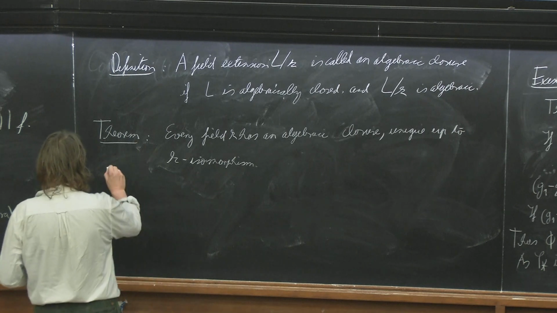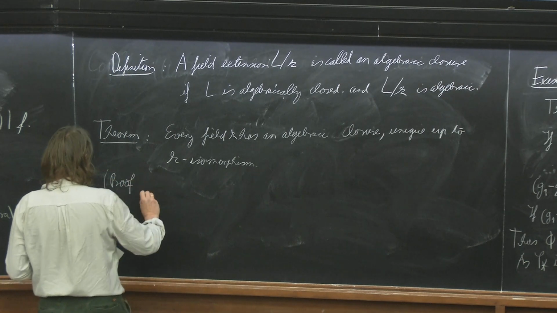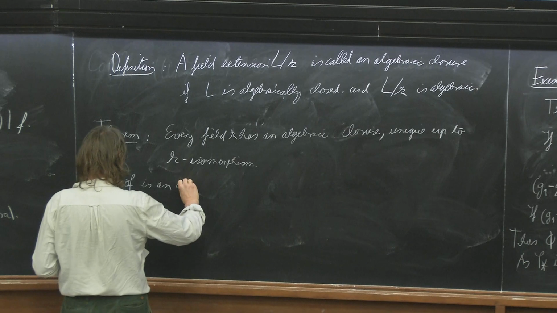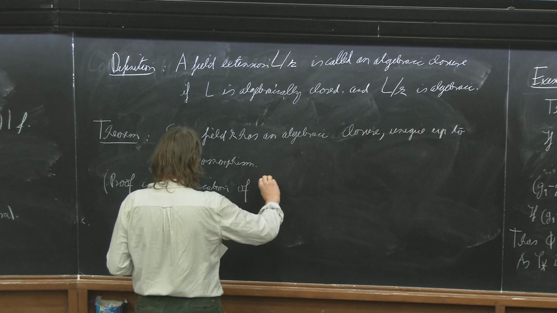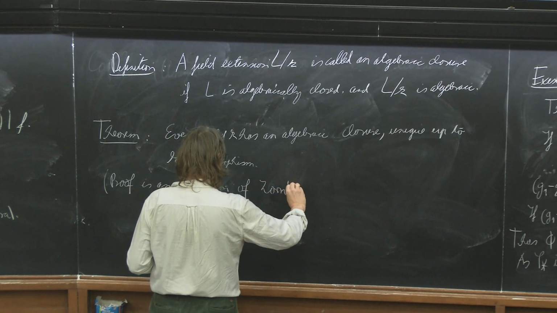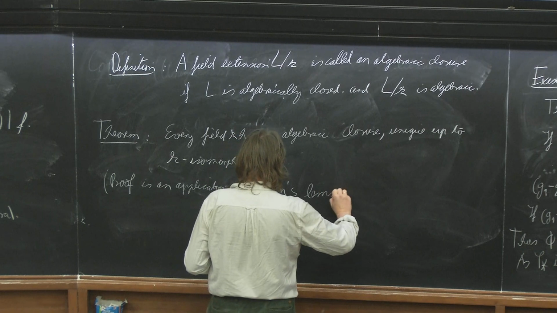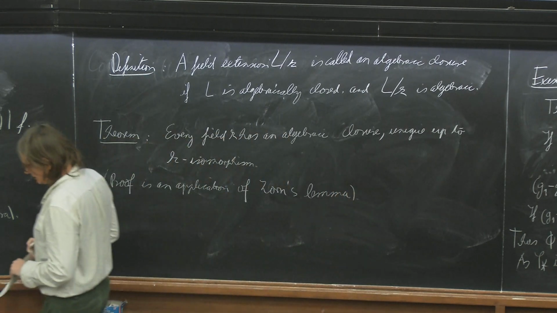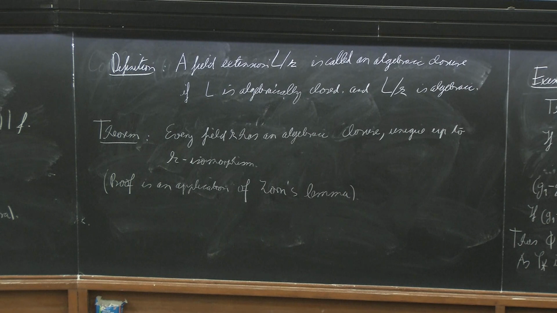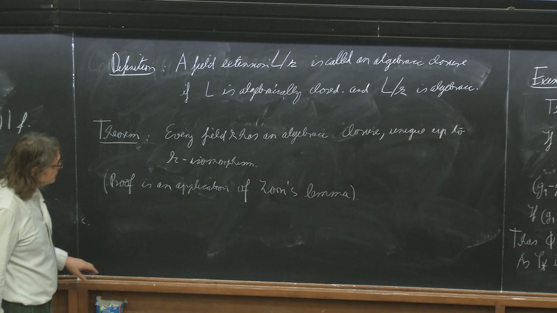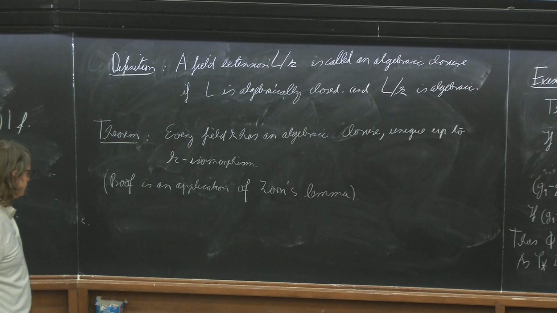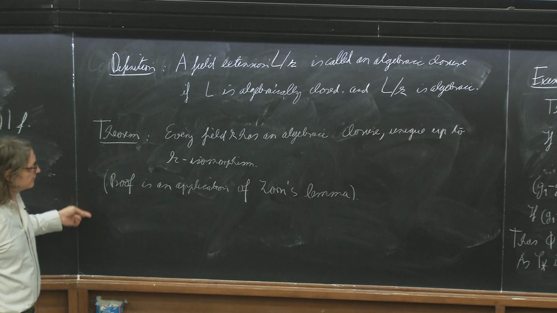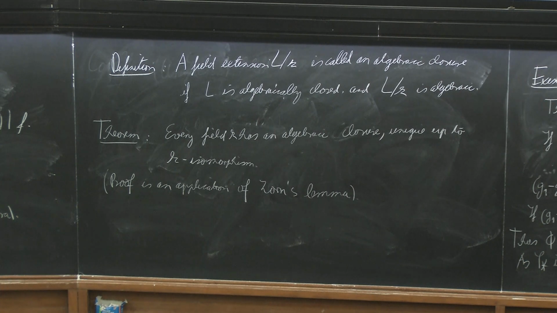I'm not going to prove it. The proof is an application of Zorn's lemma. Zorn's lemma is one version of the axiom of choice. One uses it, for instance, to prove that every vector space has a basis. And a rather similar proof, basically in some sense the same proof, will also prove that every field has an algebraic closure.